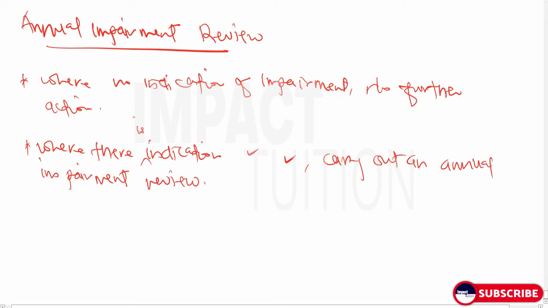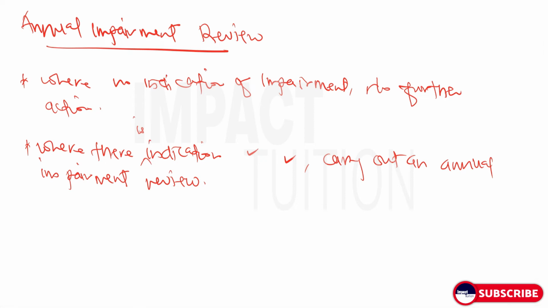So the review is where we get the recoverable amount, which is the higher of value in use and fair value less cost to sell, and then we compare that with our carrying amount to determine if the asset is actually impaired.